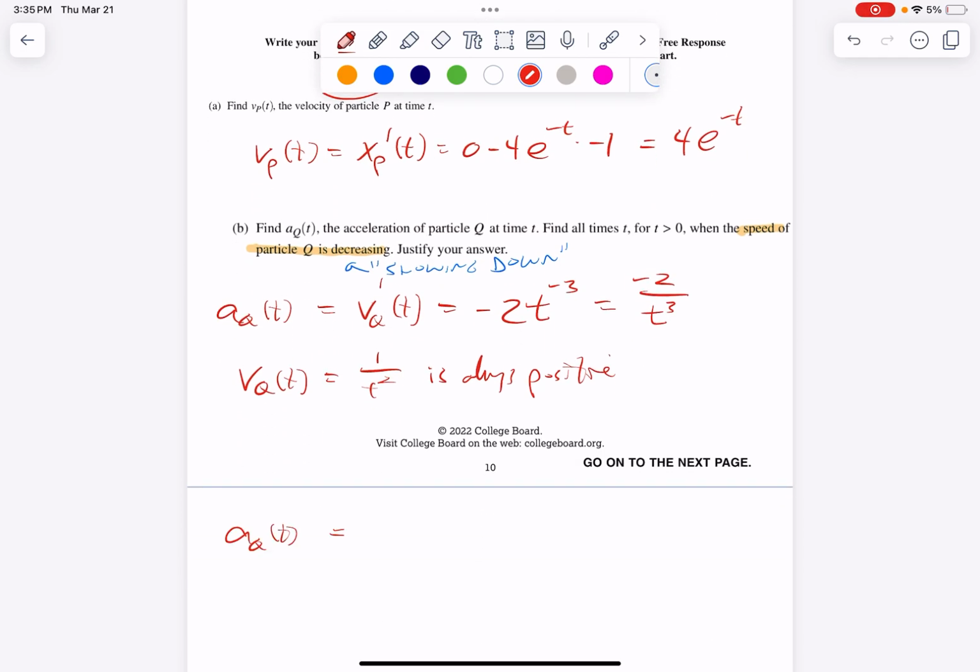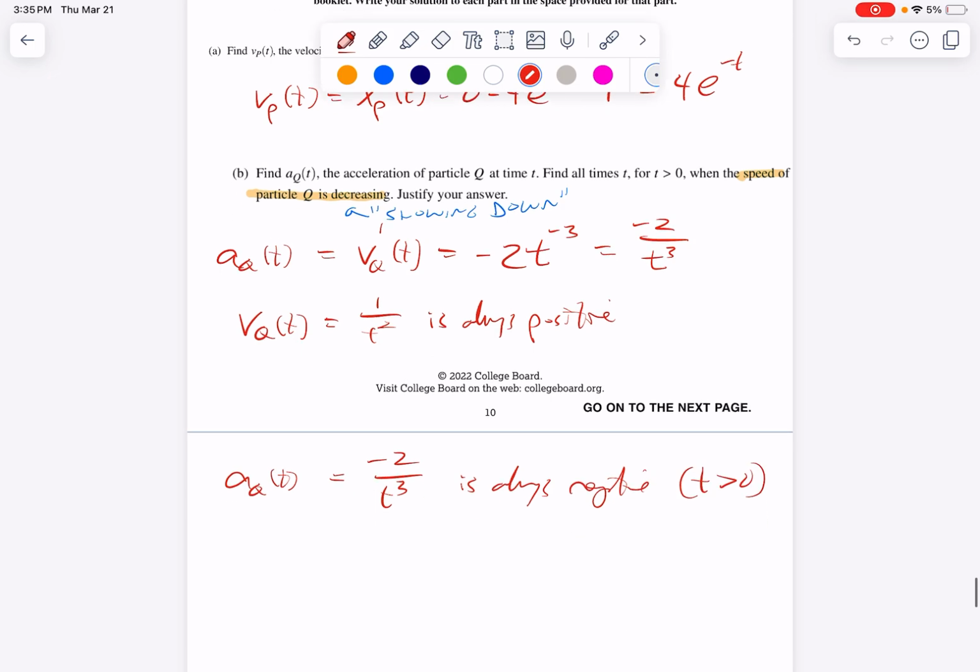aq of t is always negative. Again, we're told to only consider positive values of t. So V and A always have opposite signs.